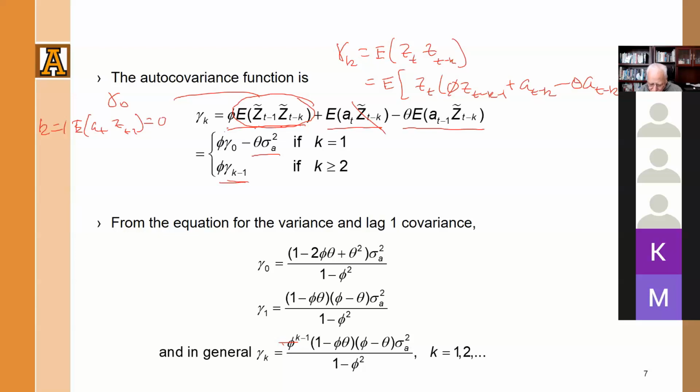Okay. So what's important to note here is that this covariance at lag k, only for k equal to 1, involves both parameters, phi and theta. But for k greater than or equal to 2, it only depends on phi, which is the autoregressive coefficient.